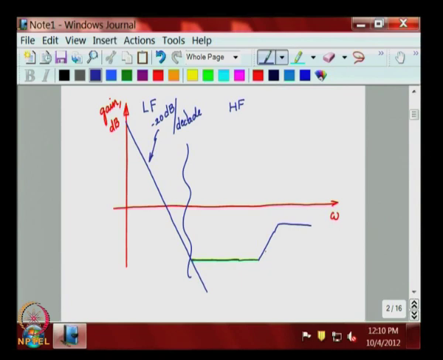There has to be a pole at a much later stage.